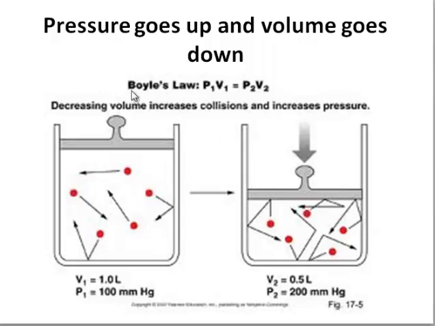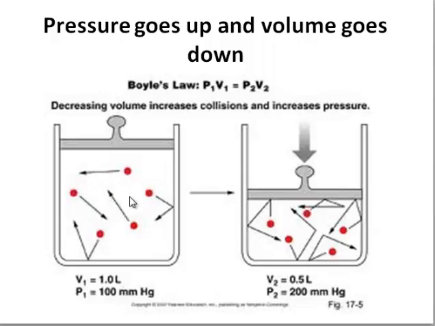What Boyle's law says in words is that when pressure goes up, volume goes down. Here is the equation again: P1V1 is P2V2. This actually shows the molecules of a gas moving around, which they do freely, and the molecules in a gas are far apart from each other. More on that in a later lecture.